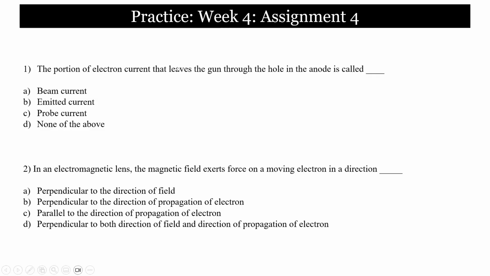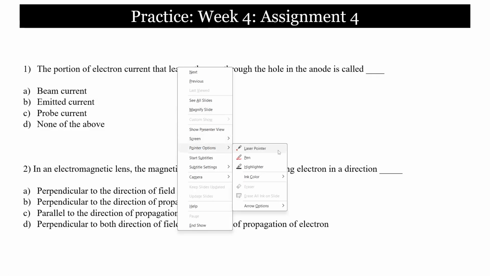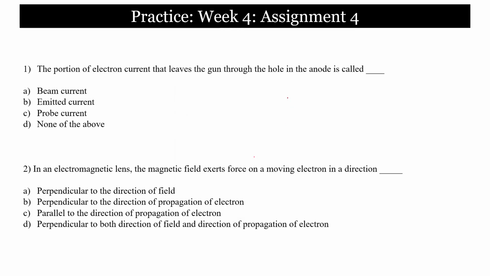Yeah, so option D is correct, which I explained. This one. Okay, radially means in this direction and perpendicular to the magnetic field means in this direction. No, no, no.